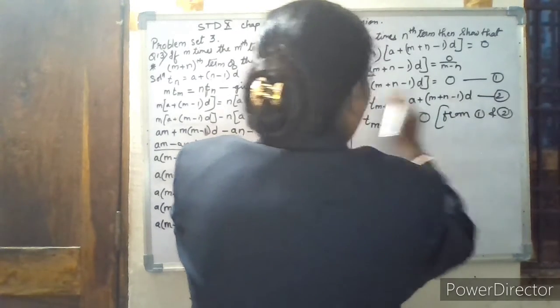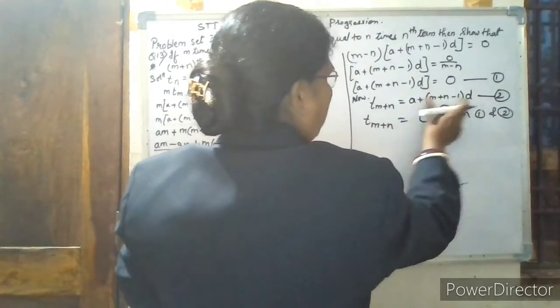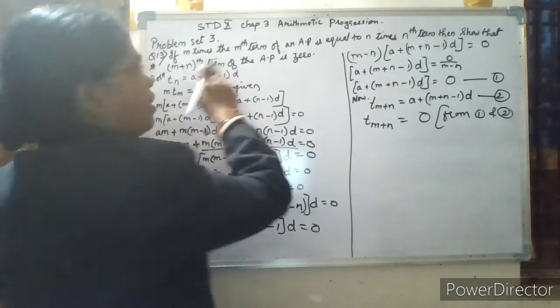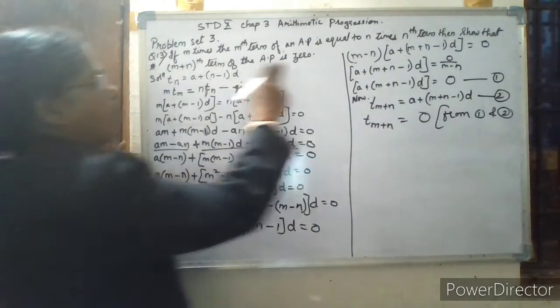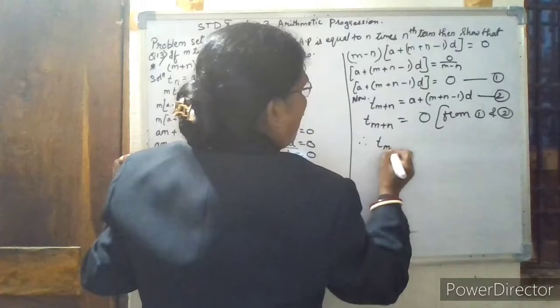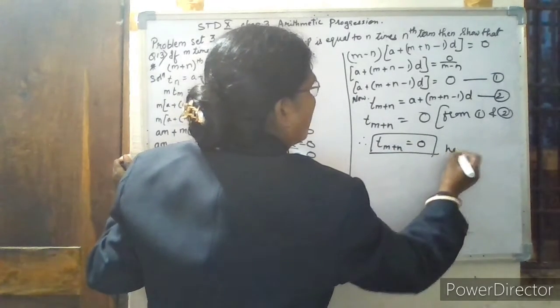See, this value is equal to 0. Therefore, instead of this, I can substitute the value from equation 1 as 0. So we have proved that the m plus nth term of the AP is 0. Hence it is proved: m plus nth term equal to 0. Hence proved.